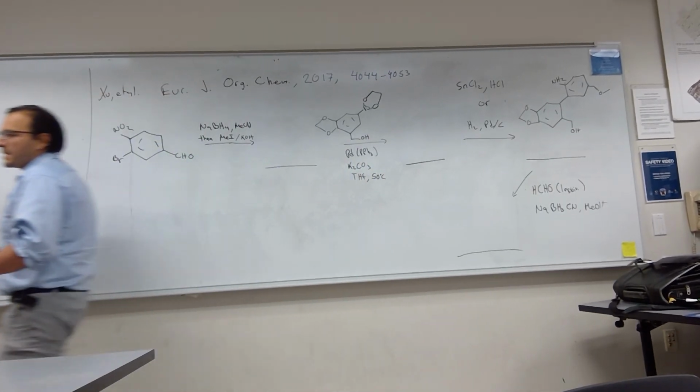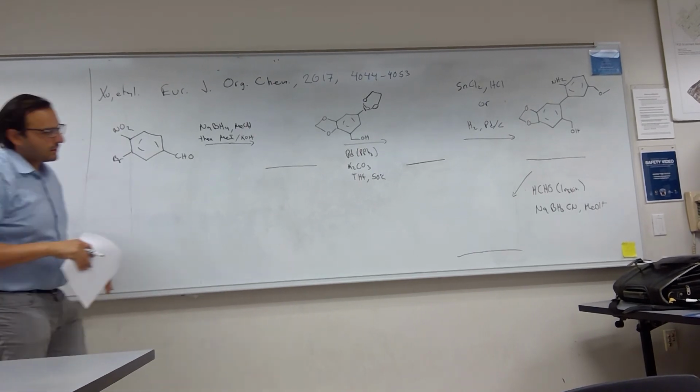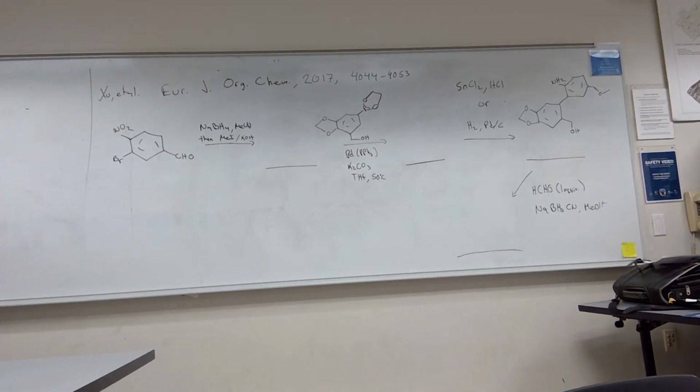So HCHO is basically paraformaldehyde, or formaldehyde. HCHO is basically the polymer, so you can just treat it as formaldehyde.